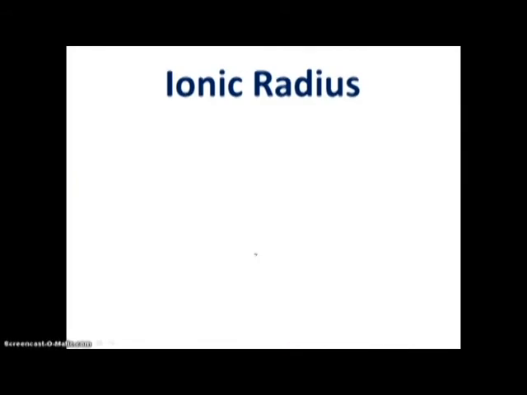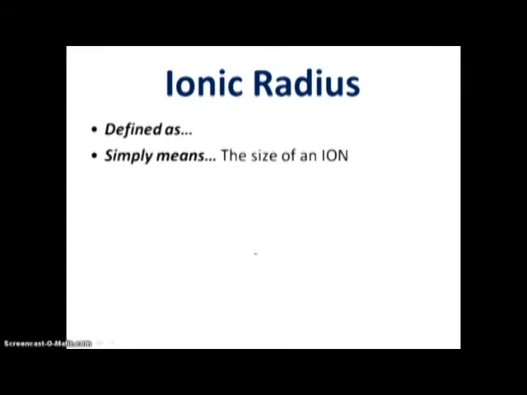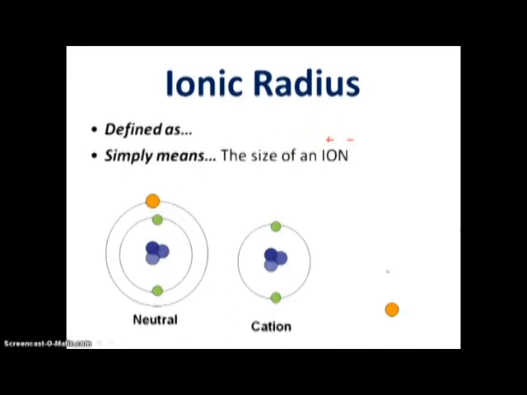When it comes to ionic radius, again, we're dealing with the size of an atom. There's no textbook definition here for you, but simply put, it's the size of an ion. And an ion, again, we said was a positively charged atom or a negatively charged atom.